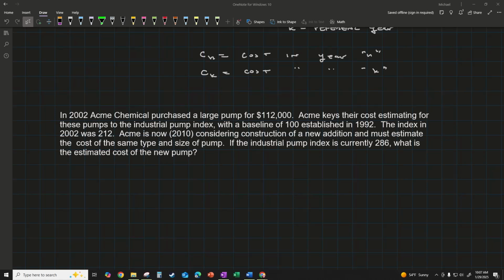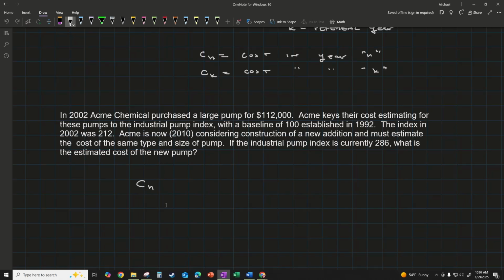In 2002, the index was 212. Say we're looking at 2010 and considering the construction of a new addition, and have to estimate the cost of the pump. If the current index is 286, what is the estimated cost of the pump?